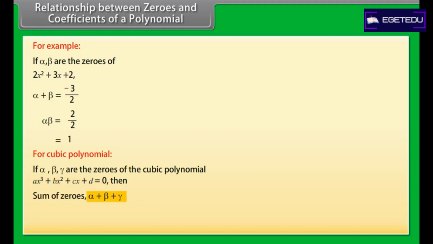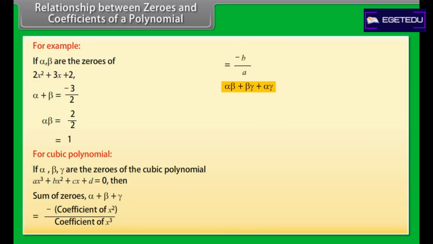For example, if α, β are the zeros of 2x² + 3x + 2, then α + β = −3/2, and αβ = 2/2, which equals 1.